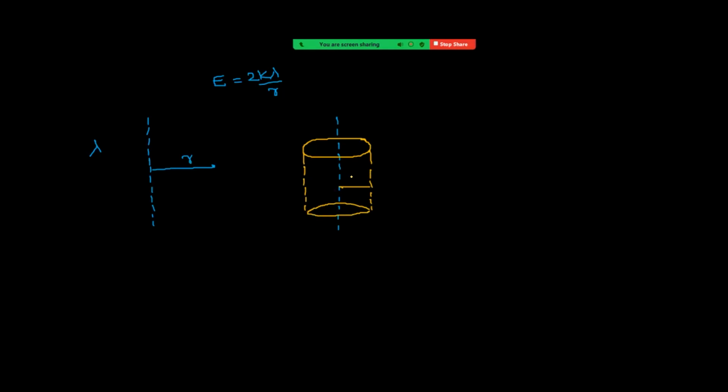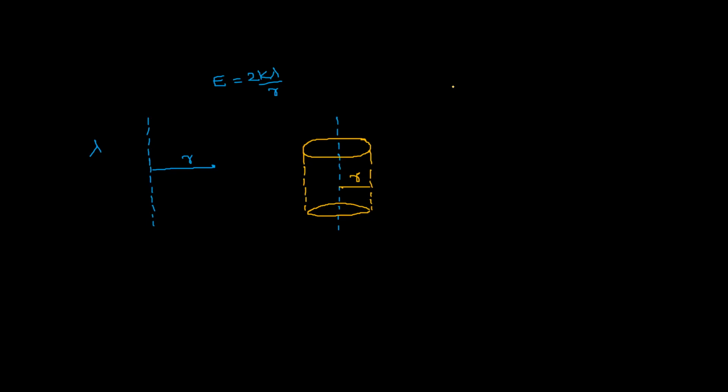This is R. We have imagined one cylindrical surface because whenever we want to use Gauss law, there must be one closed surface. That is what we call the Gaussian surface. So we have taken a cylinder, and see why.